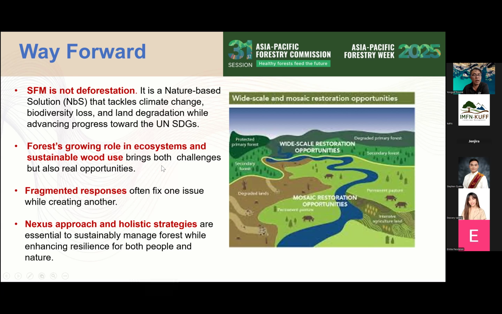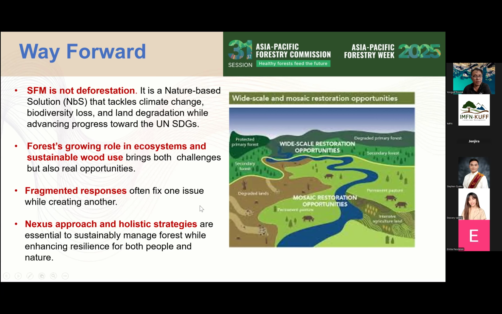And previously, when we saw this problem, there was a fragmented response. So we need an integrated or holistic approach. Otherwise, we can solve one issue but create another problem.